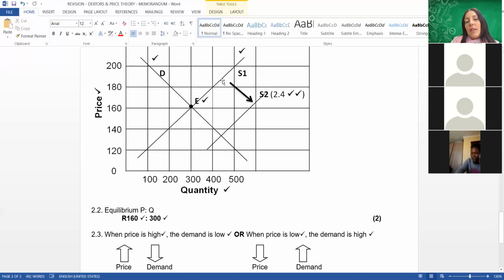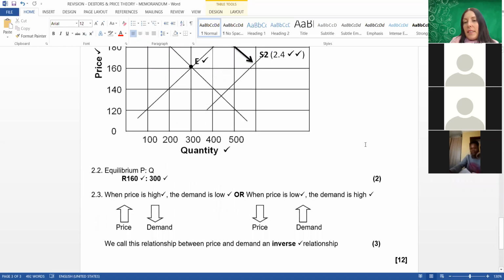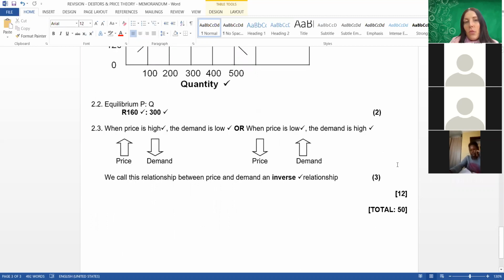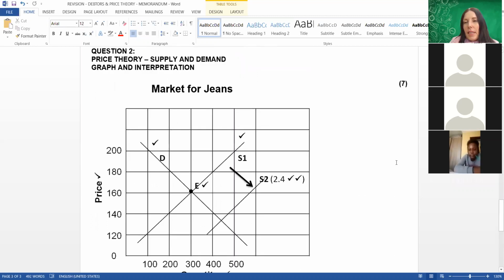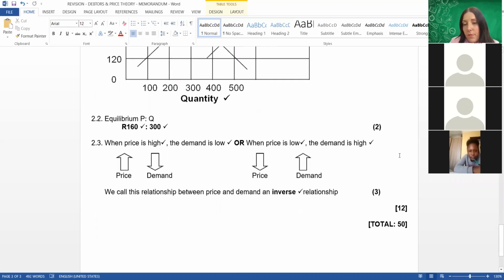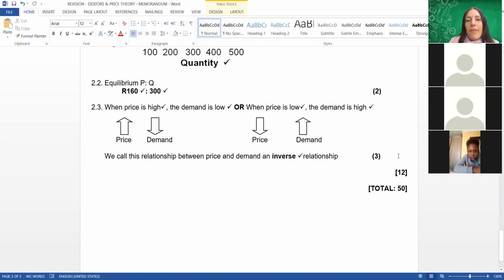So if there's more supply in the market, then normally the equilibrium price will drop. But there will be more demanded at that price. So that's the final 2 marks. The total for the price theory is then 12 in total, and that gives us a final grand total of 50 marks for this revision exercise.